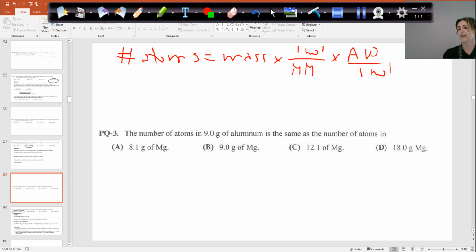Now, there's also the fact that the number of moles is going to be proportional to the number of atoms, right? So you don't really need to involve the Avogadro number, which calculates the atoms. You can just stop at the moles and compare moles to simplify your calculations.